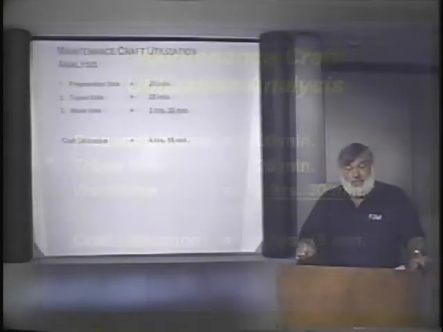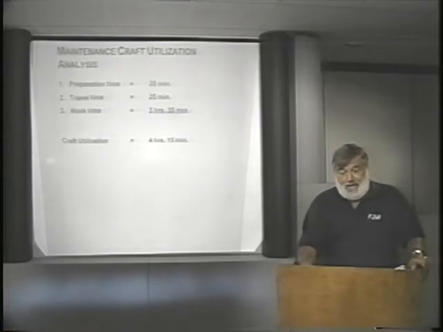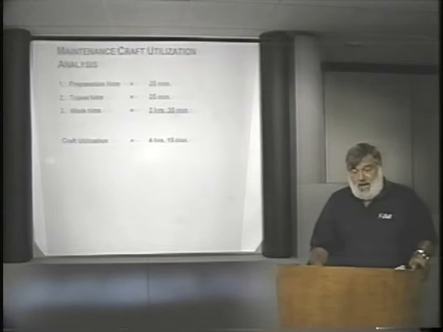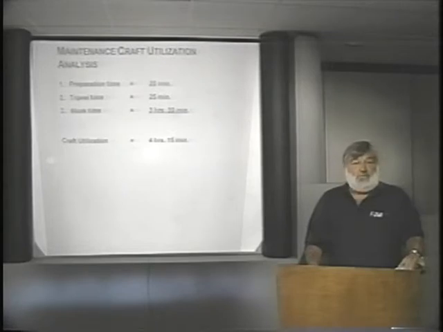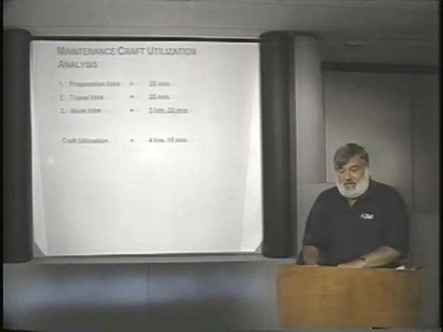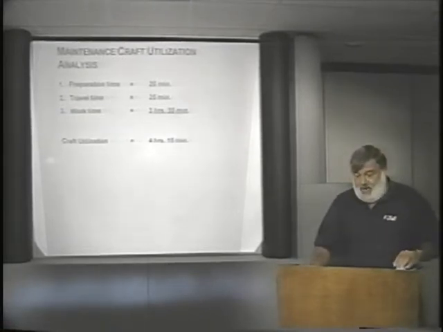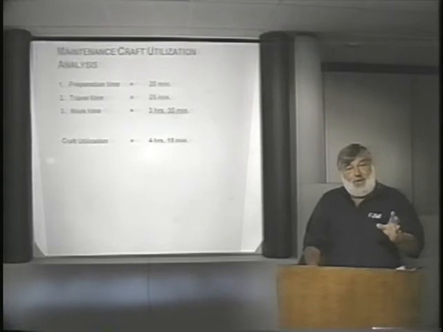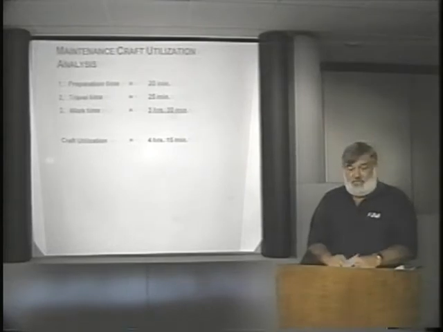Moving forward to page number 6, here we're looking at the actual time elements that were recorded, and therefore we summarize those. So the total time on the job was 4 hours and 15 minutes, where the actual estimated time from page number 5 under the work order time elements is 3 hours and 35 minutes.